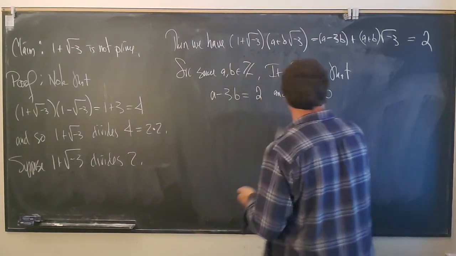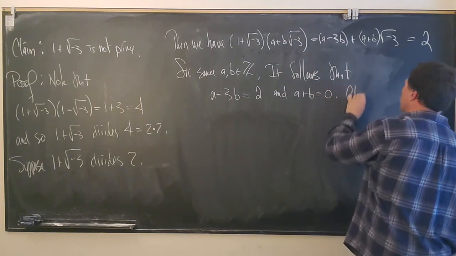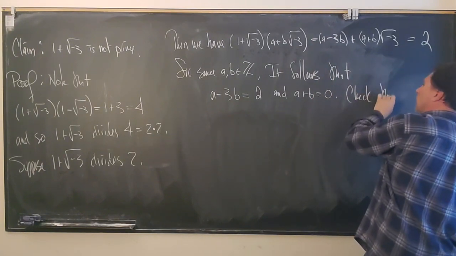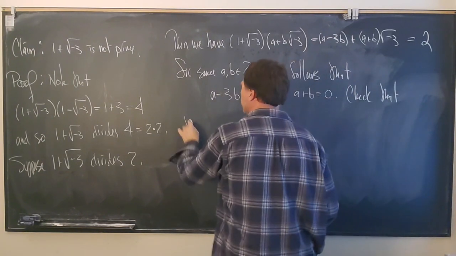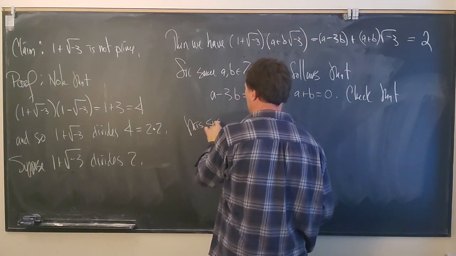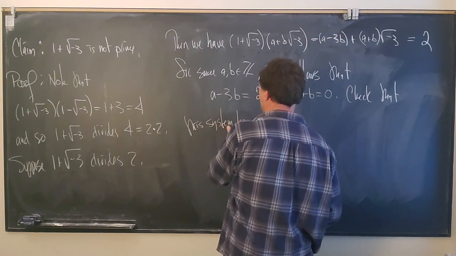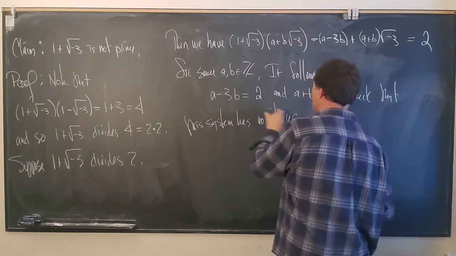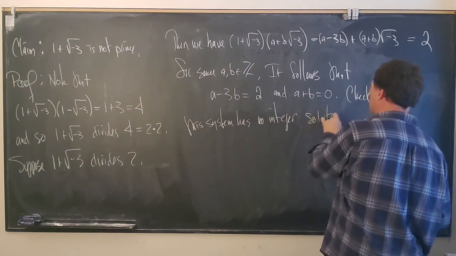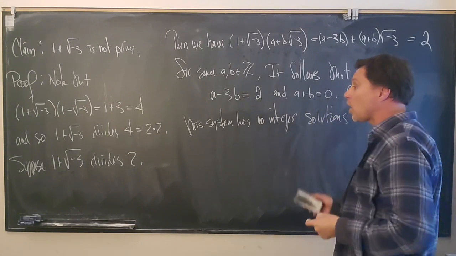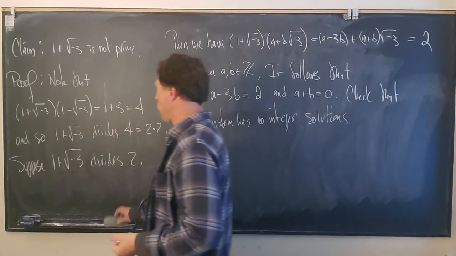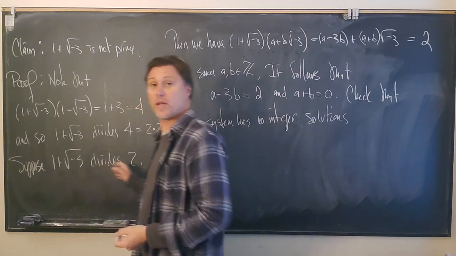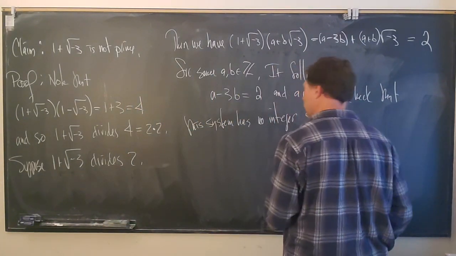You can just say check that this system has no integer solutions, and so it's impossible for 1 plus square root of 3 to divide 2.